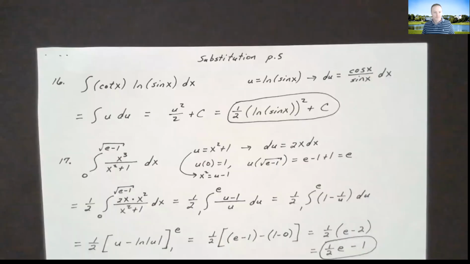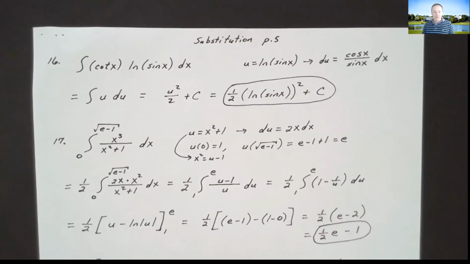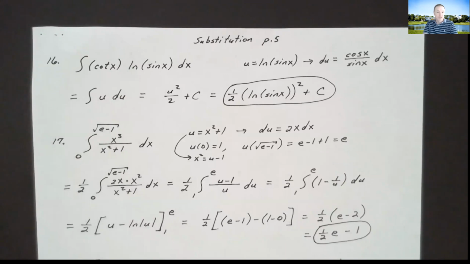Now, last page I want to look at here with you. Let's say for number 16 here, we're looking at the integral of the cotangent times the natural log of the sine integrated with respect to x. Very easy here.